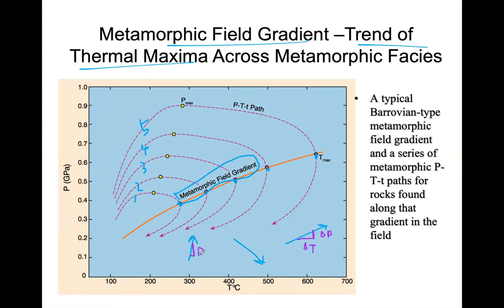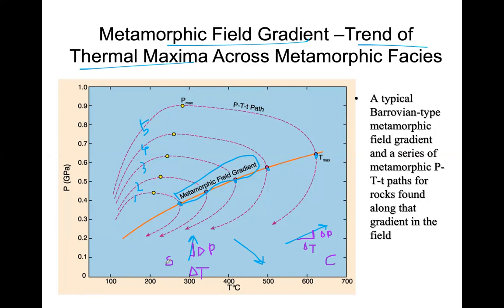So here delta P is higher than the delta T. This is more pressure sensitive, which reflects a subduction zone. So this is collision and this is subduction. These are the two different aspects you can expect from the shape of the gradient, right?